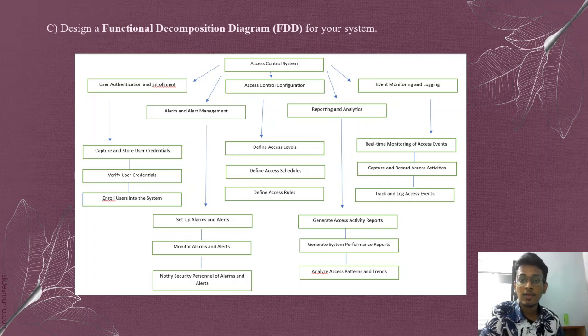On event monitoring and logging, we have real-time monitoring of access events, capture and record access activities, and track and log access events. And for alarm and alert management, we can set up alarms and alerts, monitor alarms and alerts, and also notify security personnel of alarms and alerts.